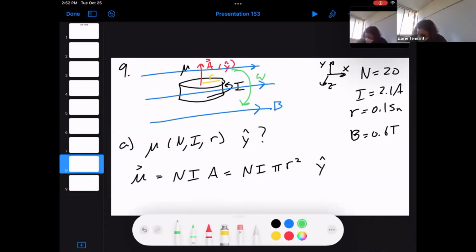If I were going to ask you in terms of X, Y, and Z, clockwise, yeah, that's clockwise. In terms of X, Y, and Z, if this thing is spinning clockwise, what direction is that?